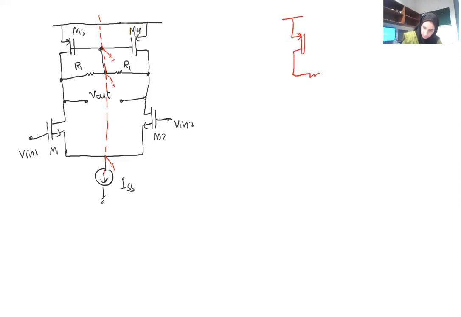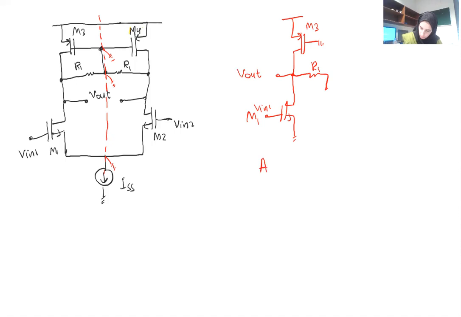And we have R1 here to ground. This is grounded. And then we have here the M1, and V out is taken from here.